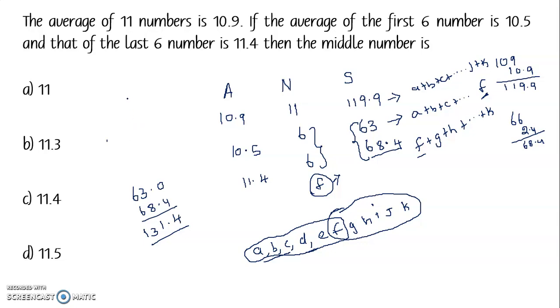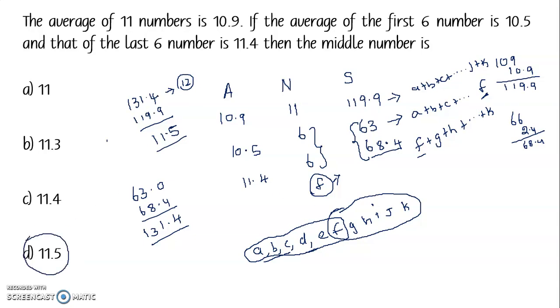Now this 131.4 is actually sum of 12 numbers, so meaning A to K, and additionally F will be added to this. From this I'm going to subtract this 119.9. So this is 14 minus 9 will give me 5, 10 minus 9 will give me 1, 11.5. So option D will be the answer for this one.